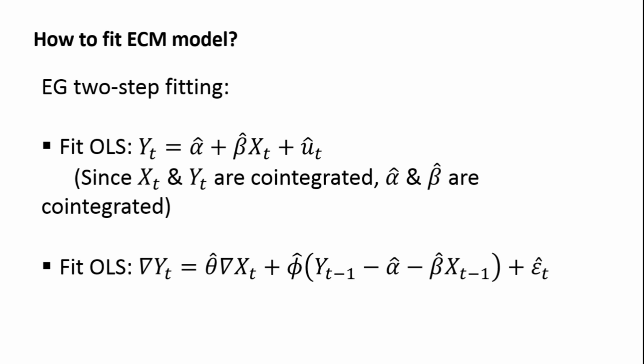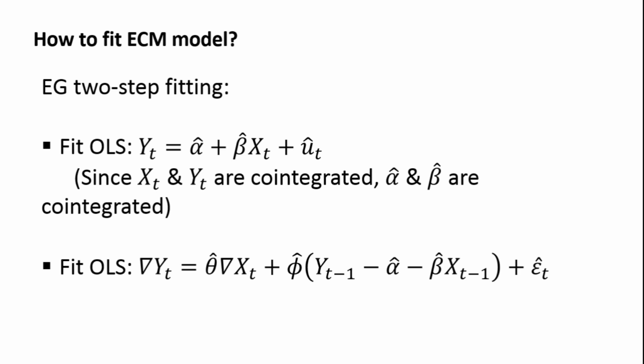Since xt and yt are cointegrated, with alpha and beta zero, we then fit the relationship: the differential of yt equals a certain constant theta multiplied by the differential of xt, plus another coefficient multiplied by the error correction term, which is the residual of the previous ordinary least squares of our two variables.